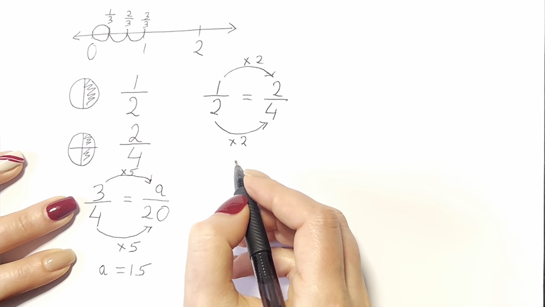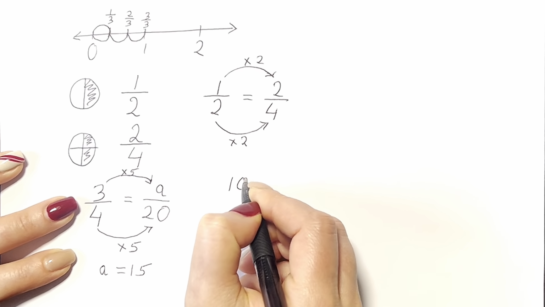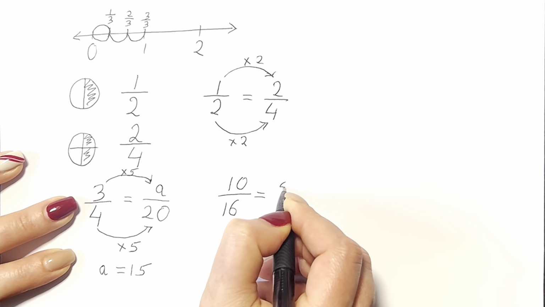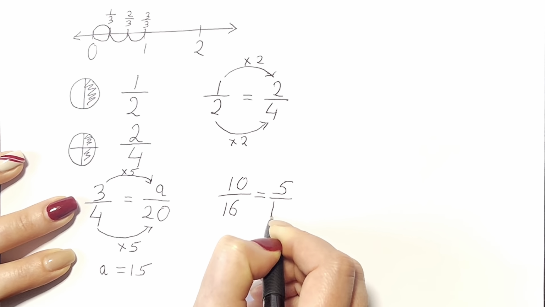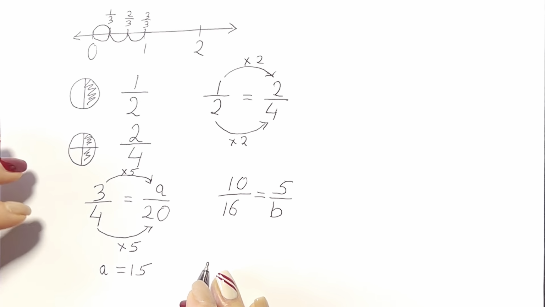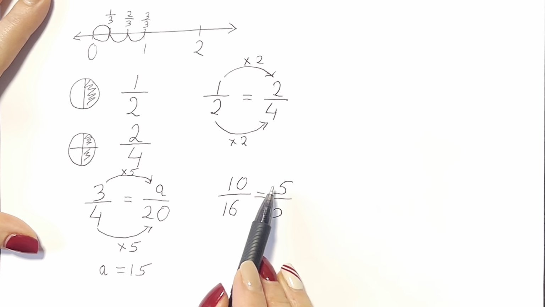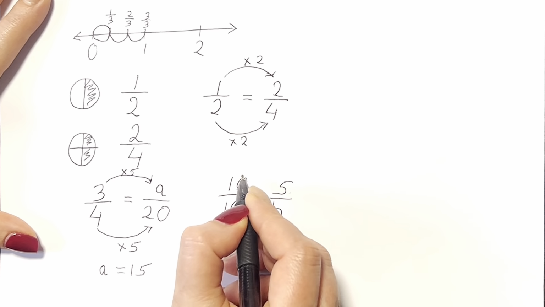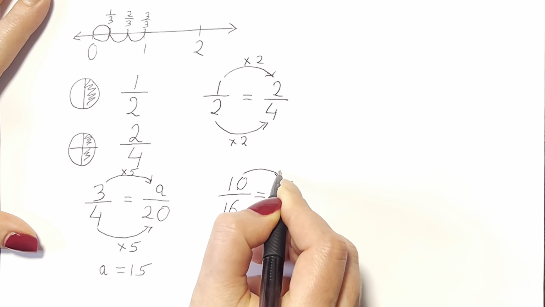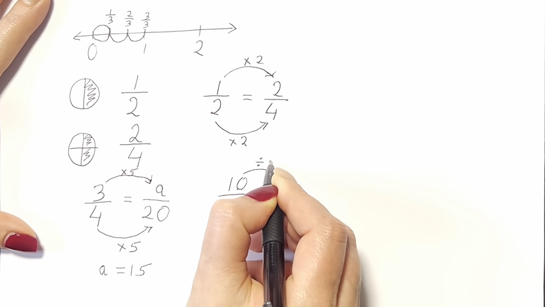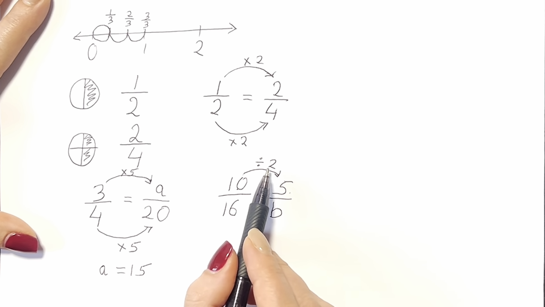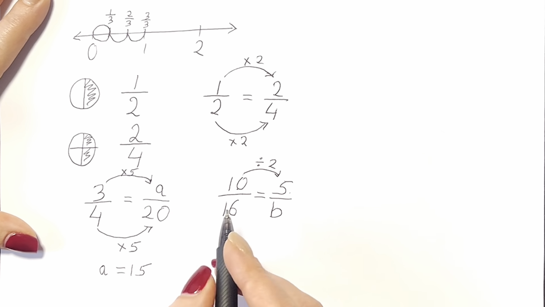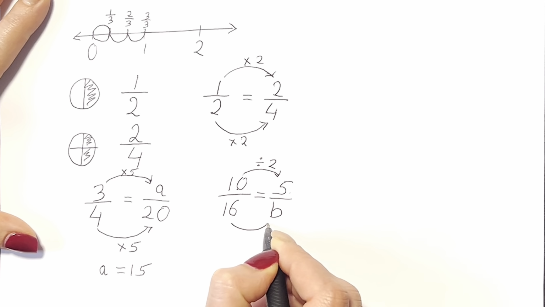Let's look at another example. For example, 10/16 is equal to 5/b. Okay. In this situation, we have the numerators. The second fraction's numerator is 2 times less. Dividing by 2 to get 5. It means the second fraction's denominator has to be 2 times less.